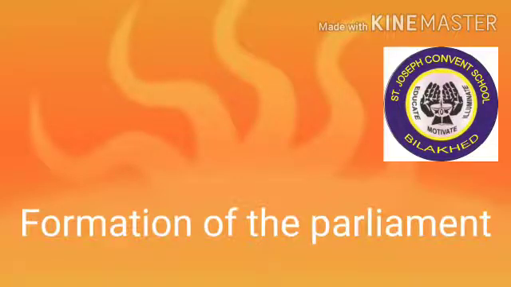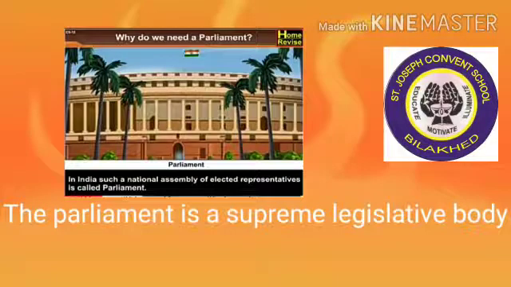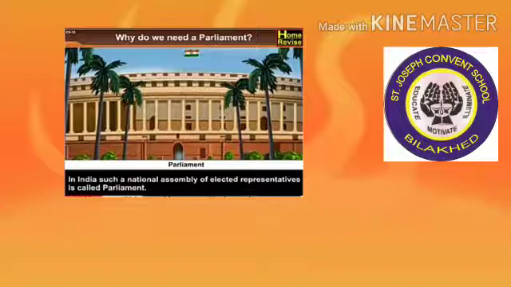So now, let us discuss the formation of the parliament. First, understand what a parliament is. Parliament is the supreme legislative body of a country, meaning it is a body which forms the rules for the country.